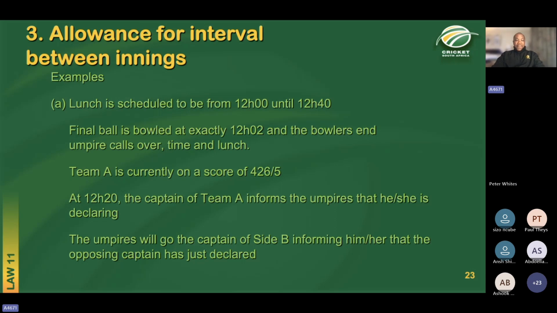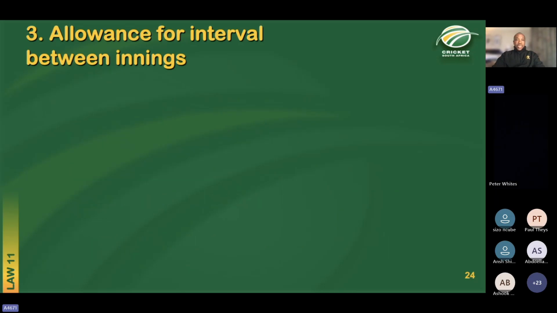What do we do as umpires when a captain declares their innings closed? We go to the captain of the opposing side to inform him or her that the opposing captain has just declared. So they need to get ready to bat when play resumes. And of course, we ask them what roller they want and if they do want a roller, how long should we roll for?